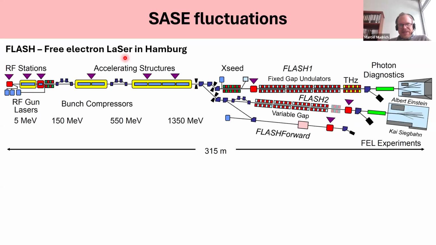But this has since, for 25 years now, been rebuilt and optimized to be a full-fledged free electron laser photon source. So, of course, no more particle collisions and no more high energy physics. The whole facility in Hamburg is now entirely devoted to photon science.